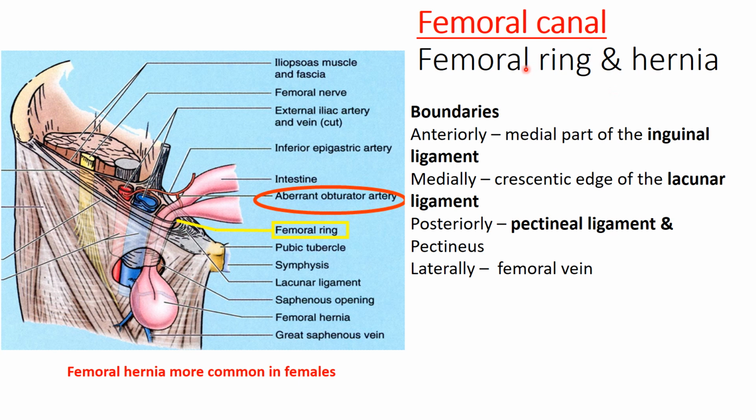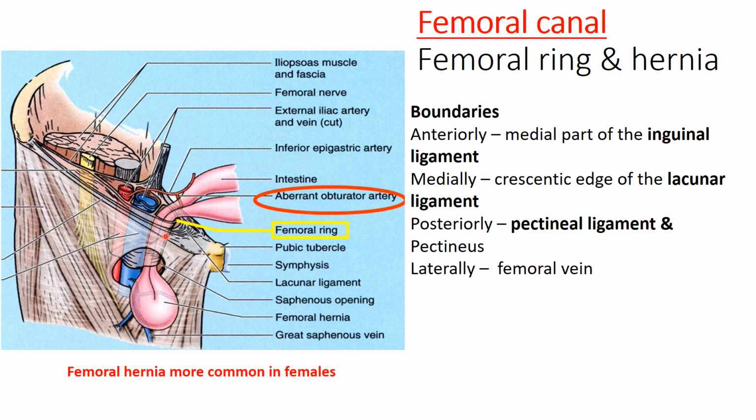Now this femoral ring. The femoral ring is the initial portion of this funnel shaped portion. So this femoral ring is lying proximally and it has these boundaries. Anteriorly is the medial part of the inguinal ligament. This is the anterior superior iliac spine, this is the pubic tubercle, and the inguinal ligament runs between them.